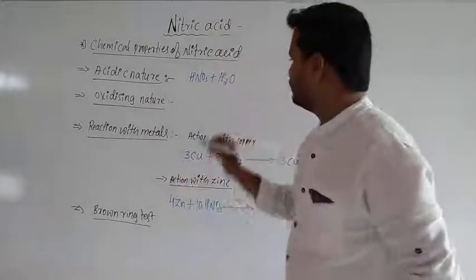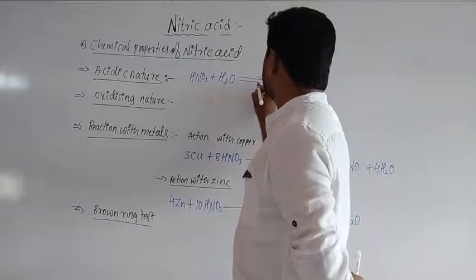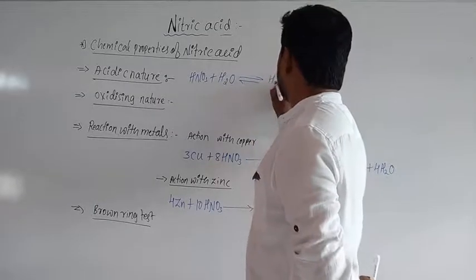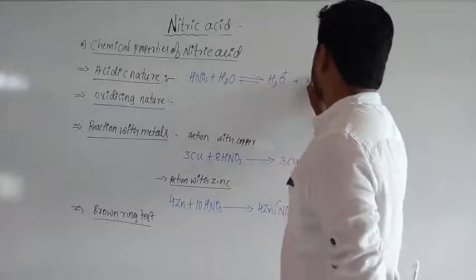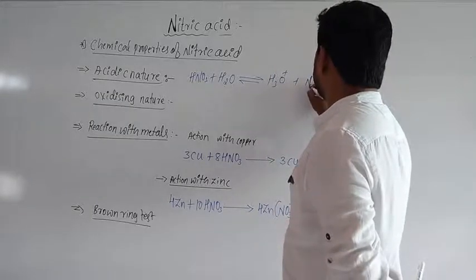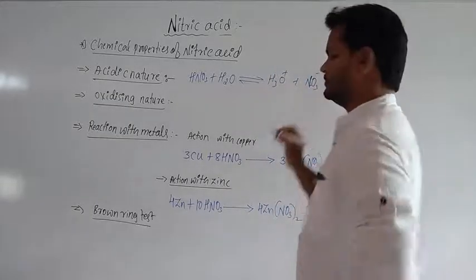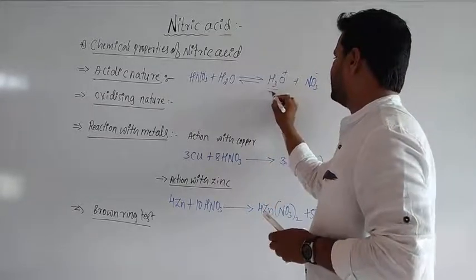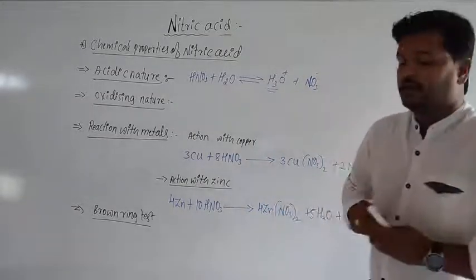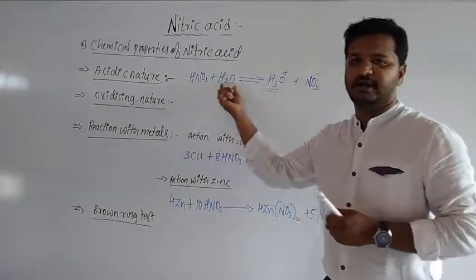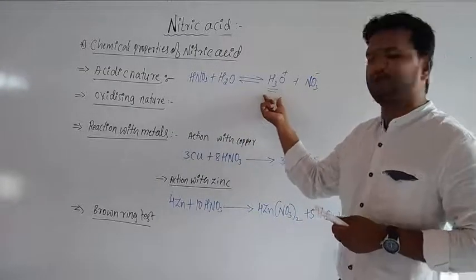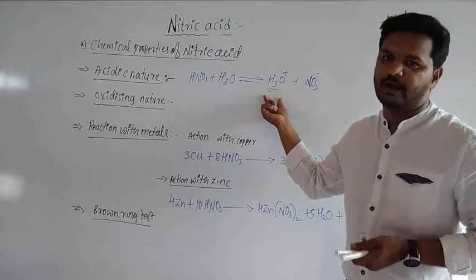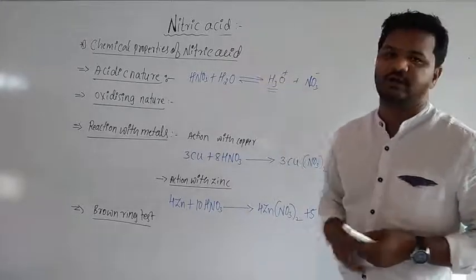HNO3 plus H2O gives rise to hydronium ion, H3O plus, and nitrate ion will be formed during the reaction. When nitric acid reacts in aqueous medium, it acts as a strong acid, means it produces H3O plus hydronium ion. Okay, that's why it is called a strong acid.